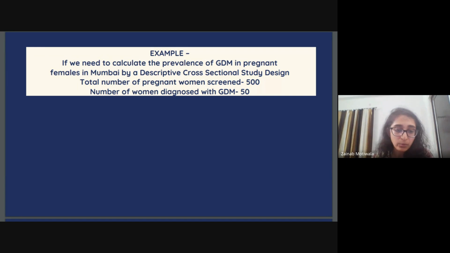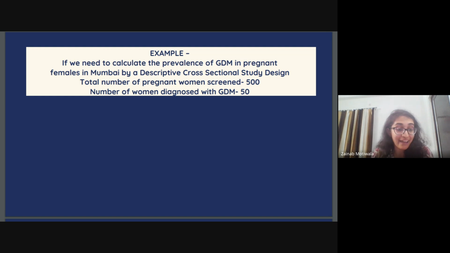We chose a sample size of, say, 500 pregnant women, and they were screened for GDM. The number of women that were actually diagnosed was found to be 50. I would like everyone to put it in the chat box, or feel free to unmute yourself and tell us what you think the prevalence is here. And no, I don't expect you all to calculate.